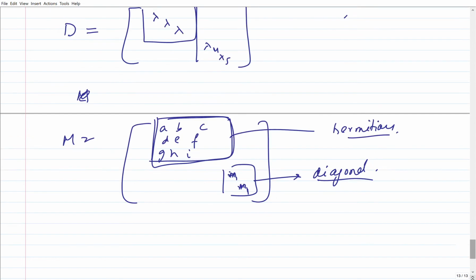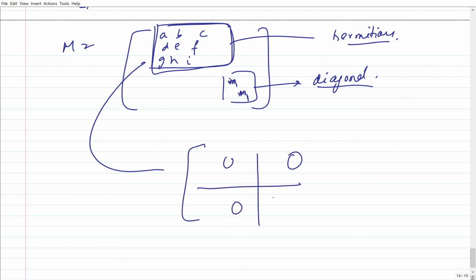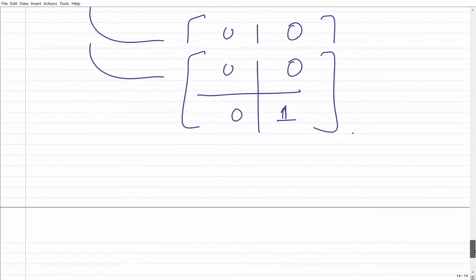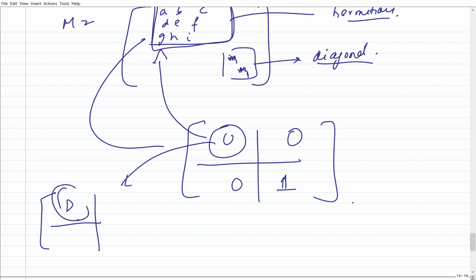I can always find a basis to diagonalize this block. So I'll have some unitary operator that is going to diagonalize it. And what's going to be the effect of this on the already diagonal matrix? Well, it's just going to permute the bases, but the matrix is going to remain diagonal. So that was my D.